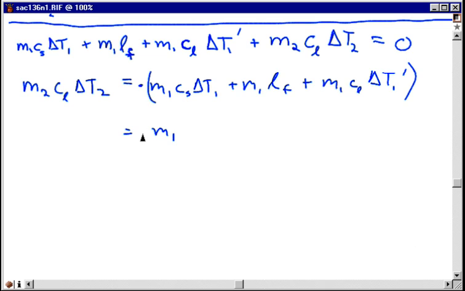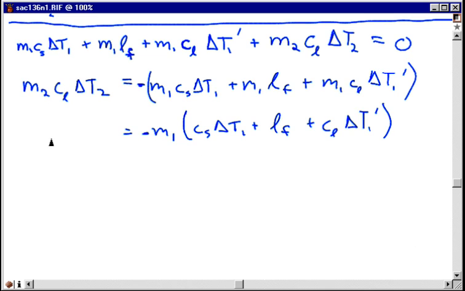Now I got a negative M1 times Cs delta T1 plus LF plus Cl delta T1 prime.